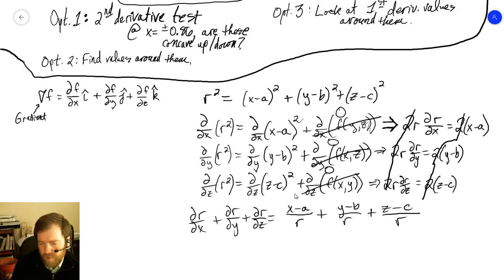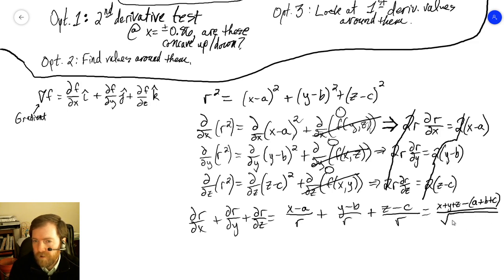So this is the sum of x, y, and z minus the sum of a, b, and c. Looks like, if I'm reading that right. Weirder things have been known to happen. So x plus y plus z minus parentheses a plus b plus c, all divided by the square root of all that stuff.